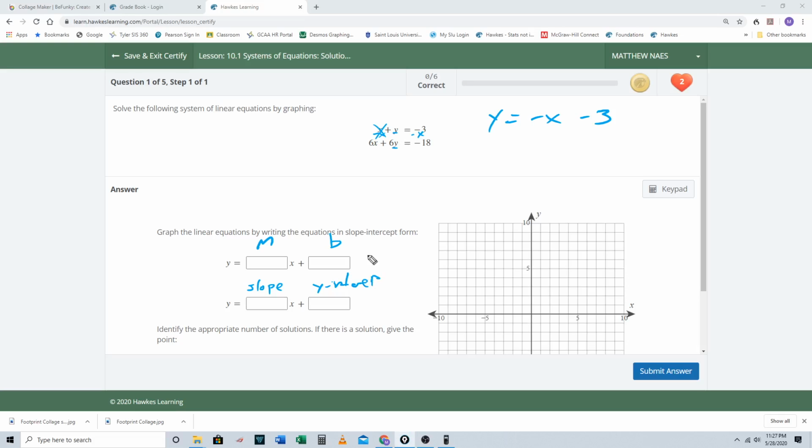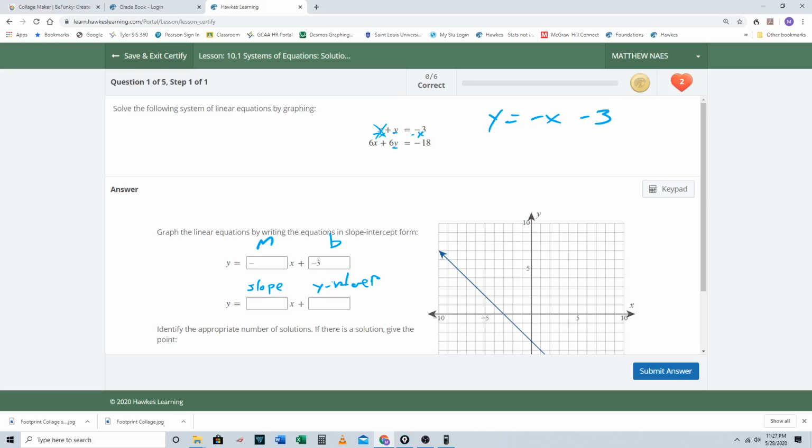All right. Now the other equation, a little more work, but not really too bad. All right. Oh, so let's go ahead and put that first equation in. It was negative x. So negative x. Don't put the 1 in. Just leave it as negative because it may mark it wrong if you put the 1 in. It likes you to not have that 1 there. And negative 3. All right.